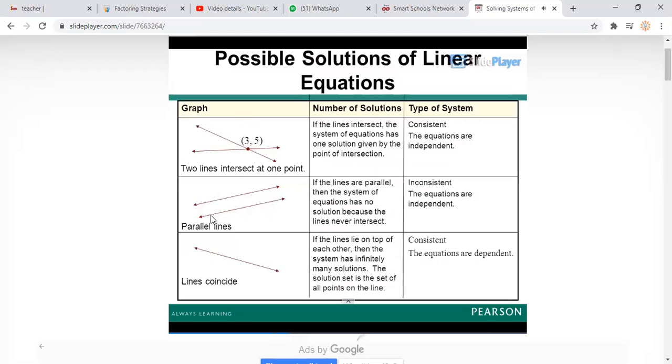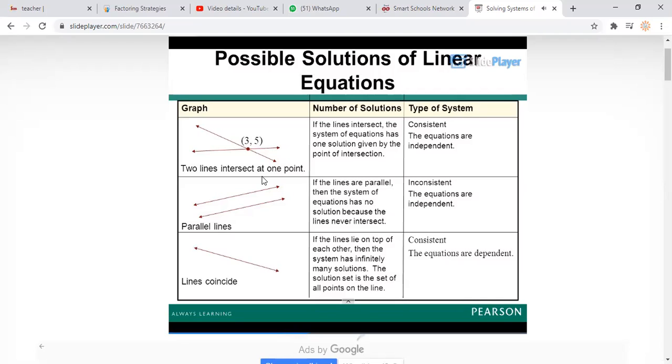Possible solutions of linear equations. Graph, type of system, number of solutions. If the lines intersect, the system of equations has one solution given by the point of intersection. Consistent. The equations are independent. Two lines intersect at one point.